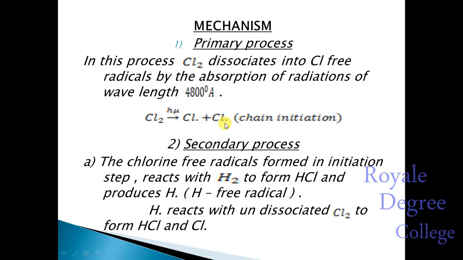First step. Then the second step of the mechanism is the secondary process. The chlorine free radicals formed in the initiation step react with hydrogen molecule to form HCl and produce hydrogen free radical. The hydrogen free radical reacts with undissociated chlorine molecule to form hydrochloric acid and chlorine free radical.